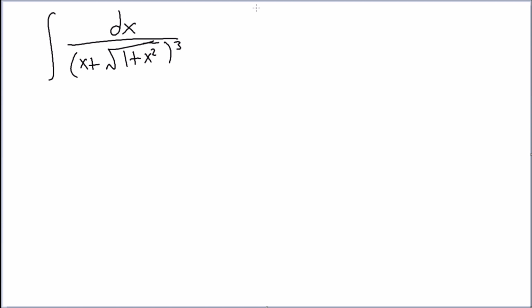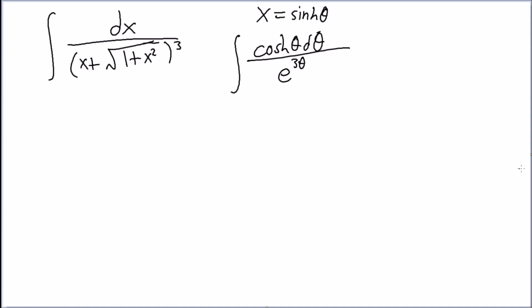So let x equal sinh theta, and this will give us cosh theta d theta, and then of course we already know what this turns out to be. This gives us e to the 3 theta.